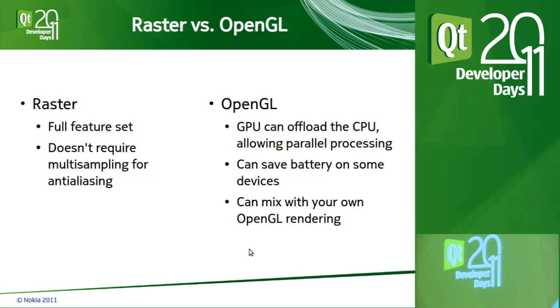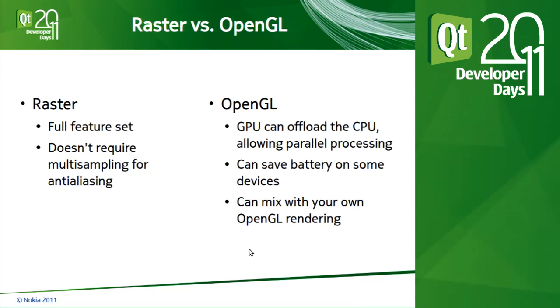Someone else mentioned another benefit with Raster a couple of days ago that I didn't list here. That's that the Raster engine supports partial updates. So if you only update parts of the screen at a time, then you might consider using the Raster paint engine over the OpenGL paint engine.